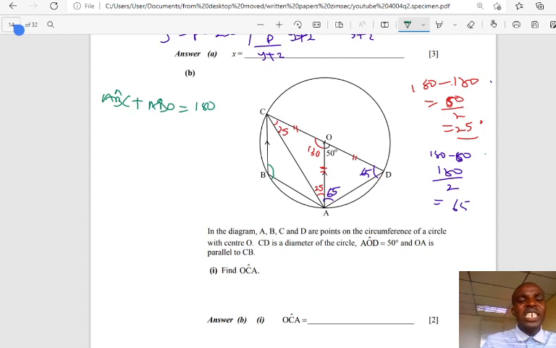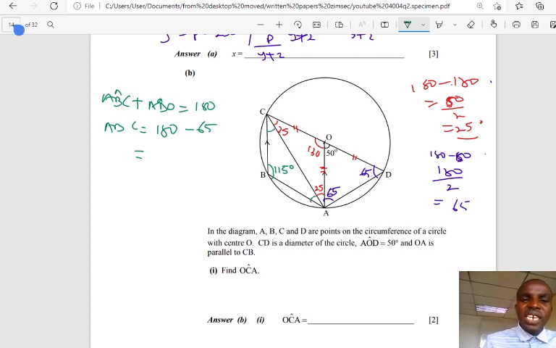So ABC is equal to 180 minus ADO, which is 65 here. 180 minus 65, you get 115. So this angle is 115 degrees, like this.